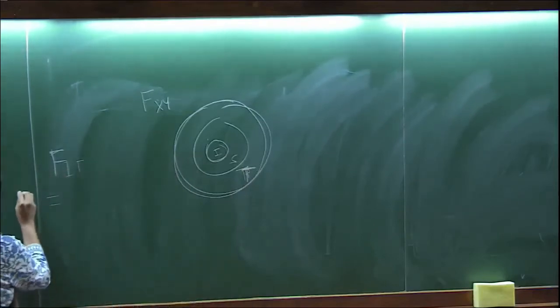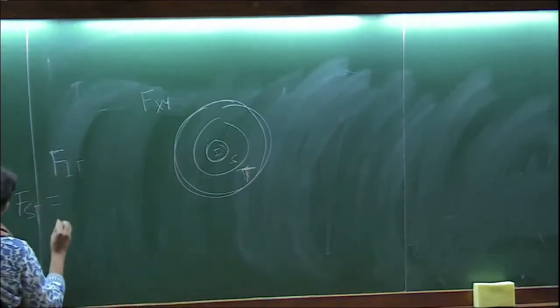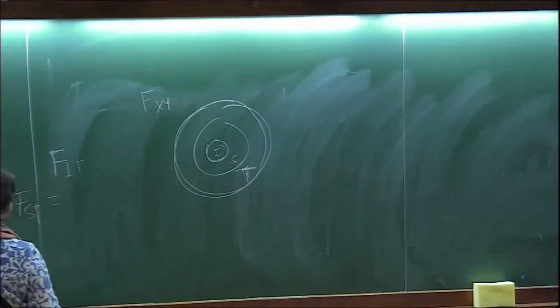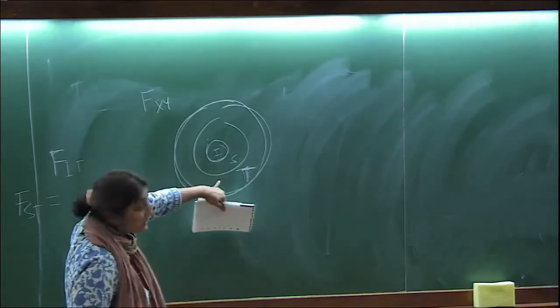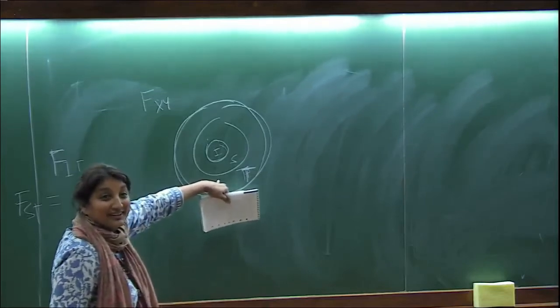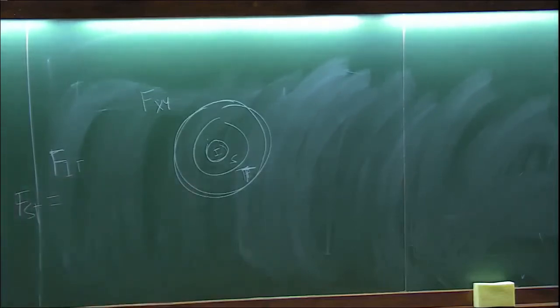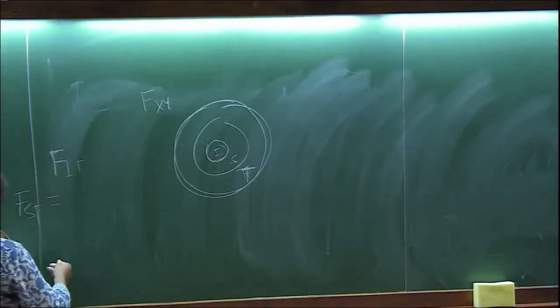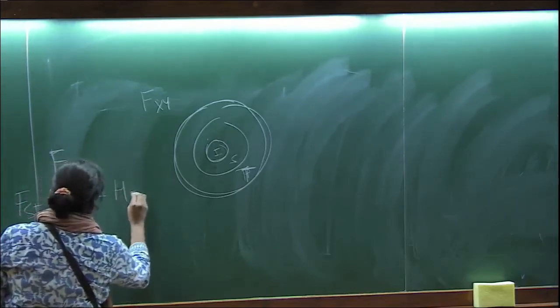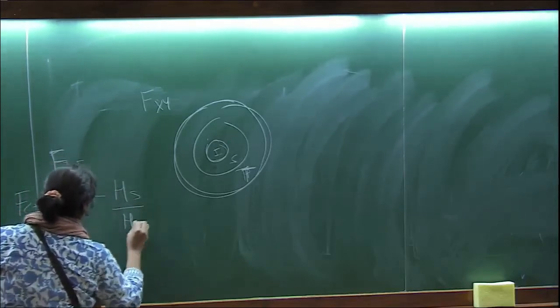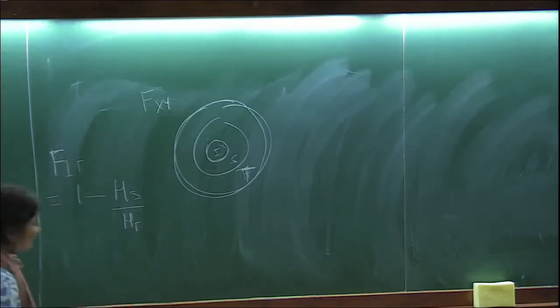And what we use to quantify population structure is FST. So this is basically individual inbreeding, and this is how inbred the subpopulation is versus the total, right? FST is 1 minus HS by HT.